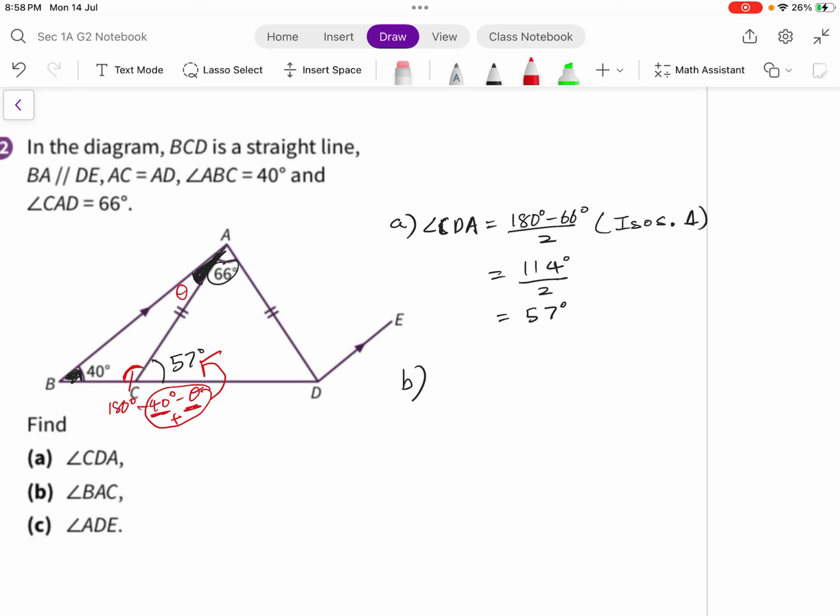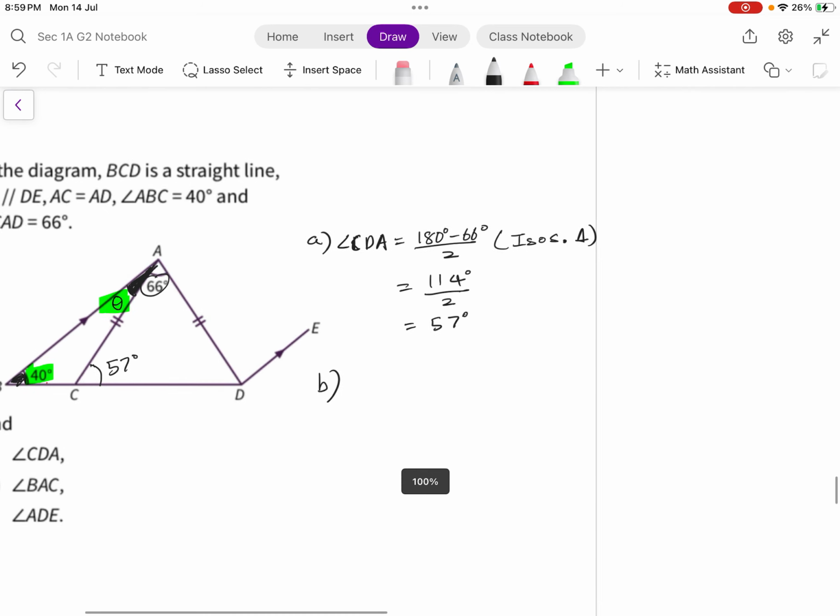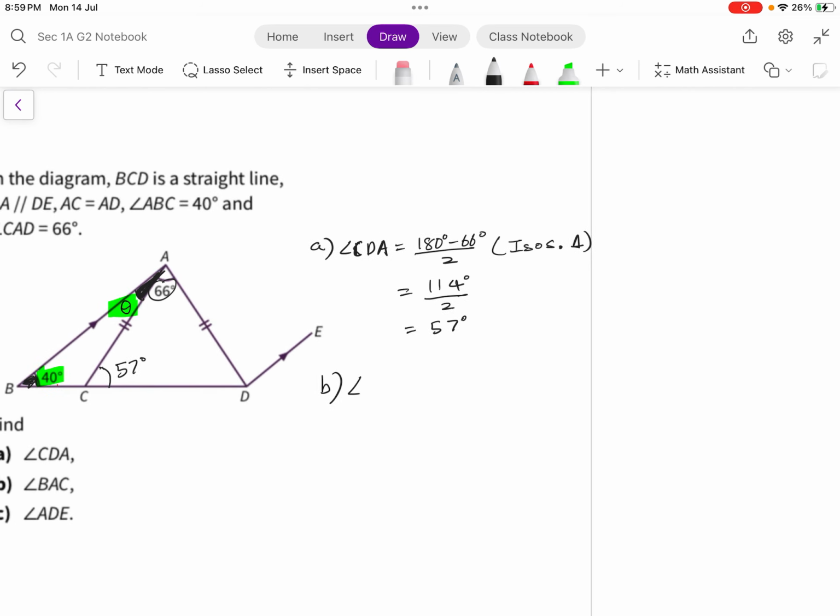So 40 plus theta equals 57. This is when we say angle BAC equals 57 degrees minus 40 degrees, equals 17 degrees.